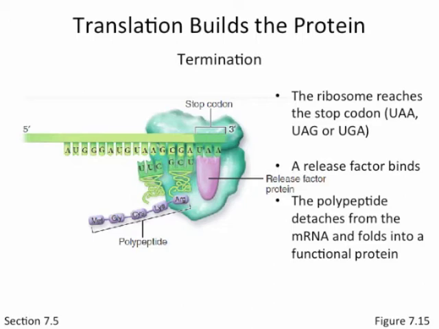Those three anticodons do not exist. So there's no tRNA with an amino acid that would bind to UAA because there's no AUU anticodon.